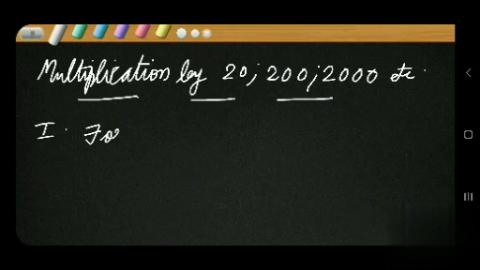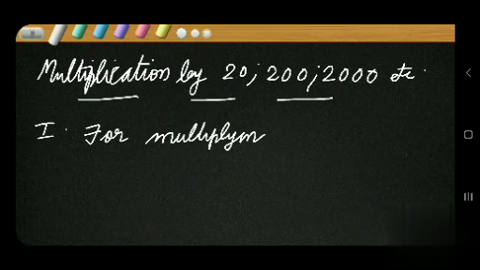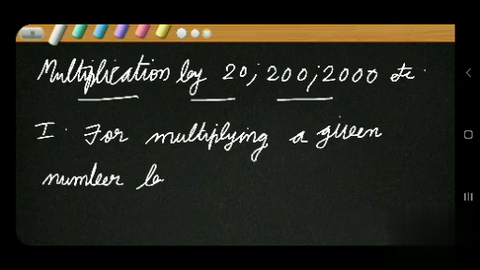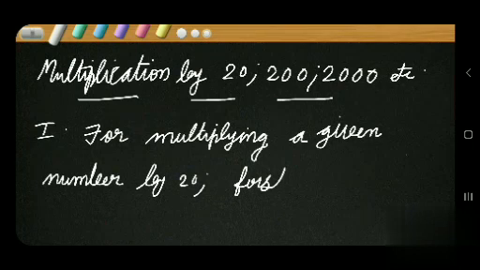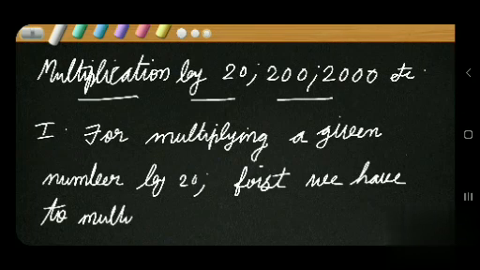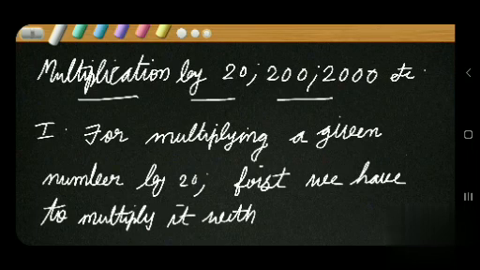First one: for multiplying a given number by 20, first we have to multiply it with 2.